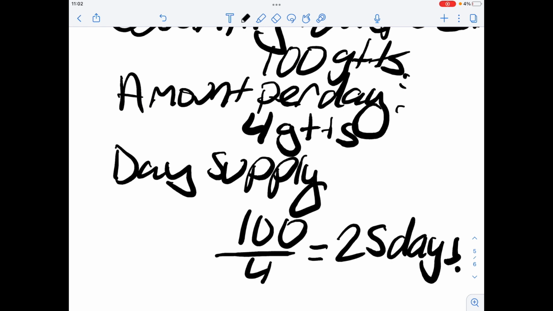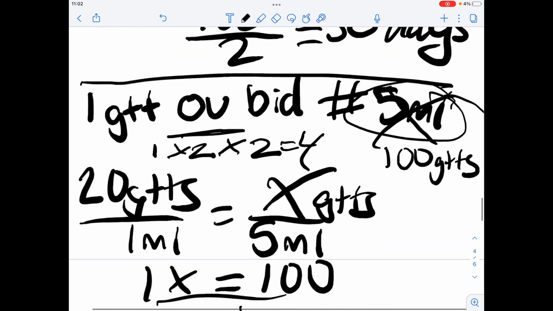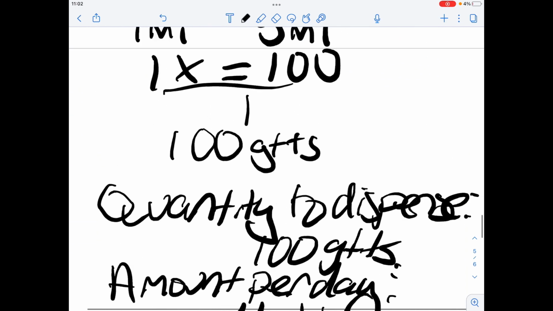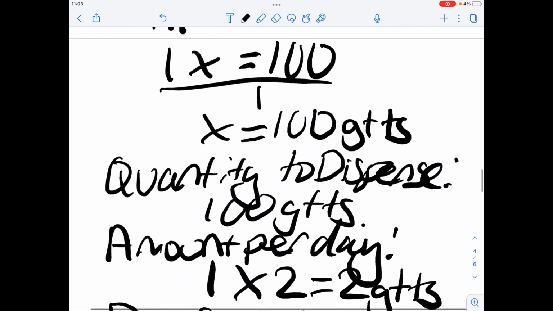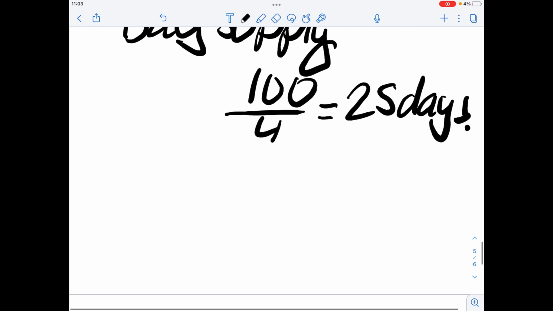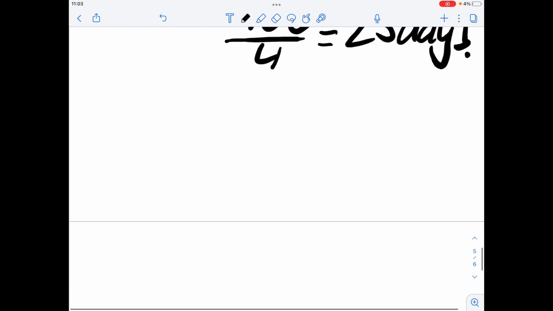One thing to note with supply calculations: you're always going to be given either the quantity to dispense or your day supply. In these examples, you were given the quantity to dispense, which is the number sign and then your number. Sometimes you'll be given the actual day supply.